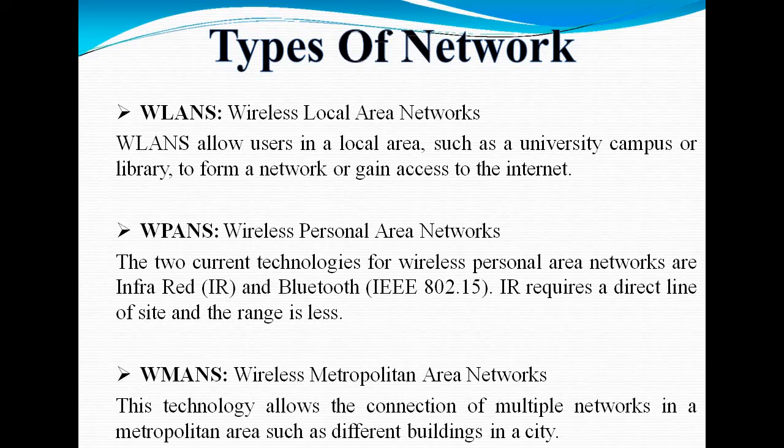In networking, we have learned LAN, WAN, MAN, but in wireless networking the types we will use are WLAN, WPAN, and WMAN. So they are correlated with each other, but here we use the W term, so it is called the wireless network. And if I remove the W, it will be the local area network. So these are the types of our wireless network.